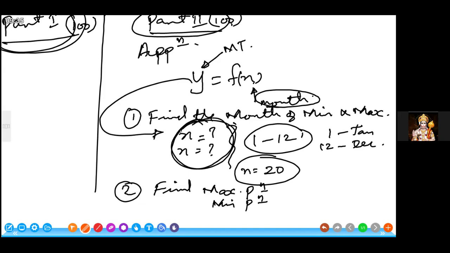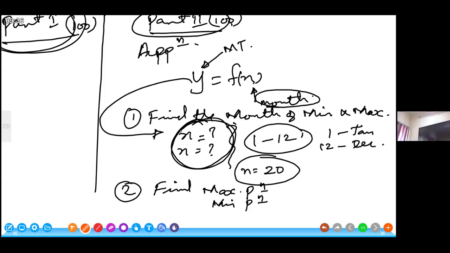Anyone? It will be the turning point in the graph. No, you are not going to draw the graph. So mathematically, how do you get it? If we differentiate the function and we have two x values, then we can substitute them in the given function.